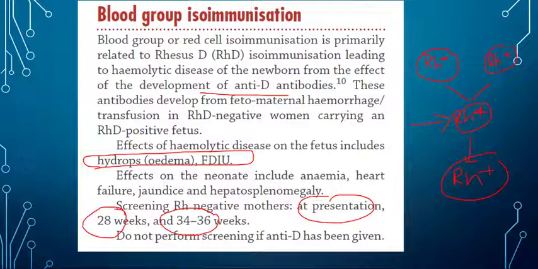If the patient's blood does not have any anti-D antibodies, then yes, we will give them anti-D to protect them from Rh immunization. One dose at 28 weeks, another at 34 to 36 weeks, and another after delivery.